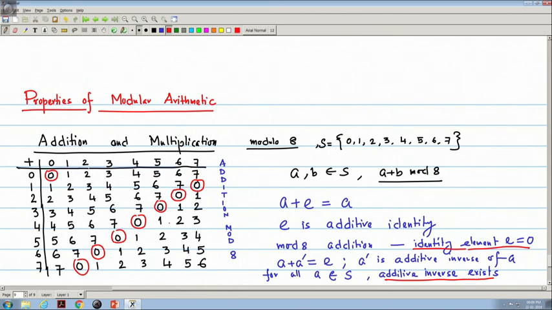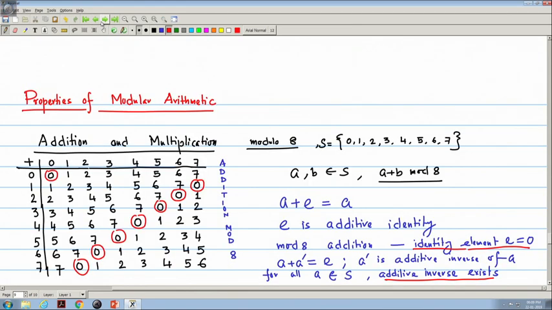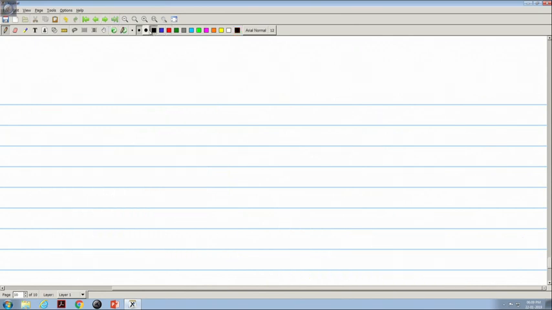Now, we take the multiplication modulo 8.